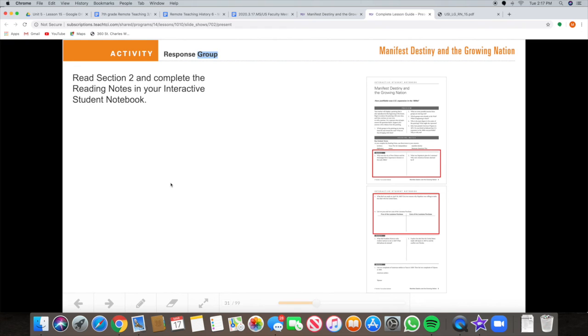Once you got this done, take a picture of it and add it to Google Classroom, as well as your notes that you've been taking. Take a picture of that as well. All right, so the next step then would be to look at your notebook and your interactive notebook and compare it to my solutions that I'll add in just a second.